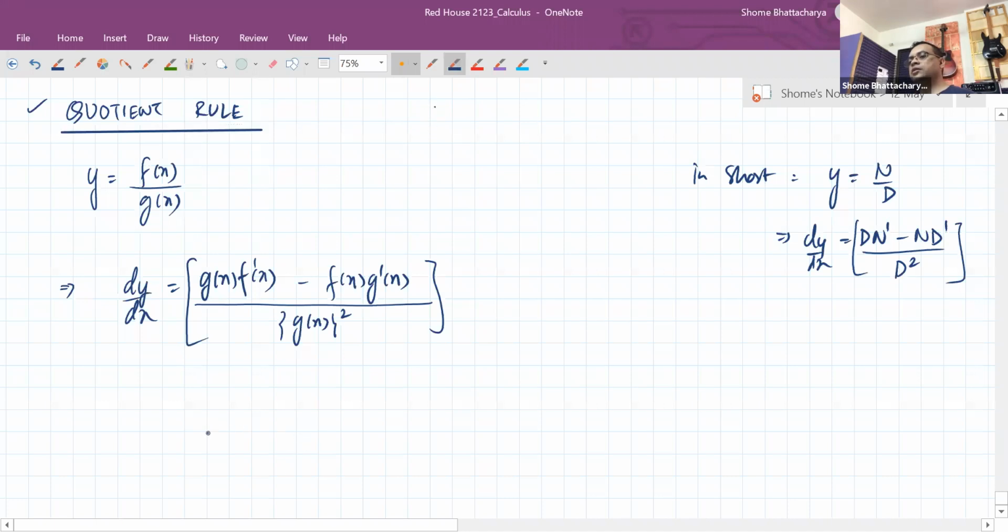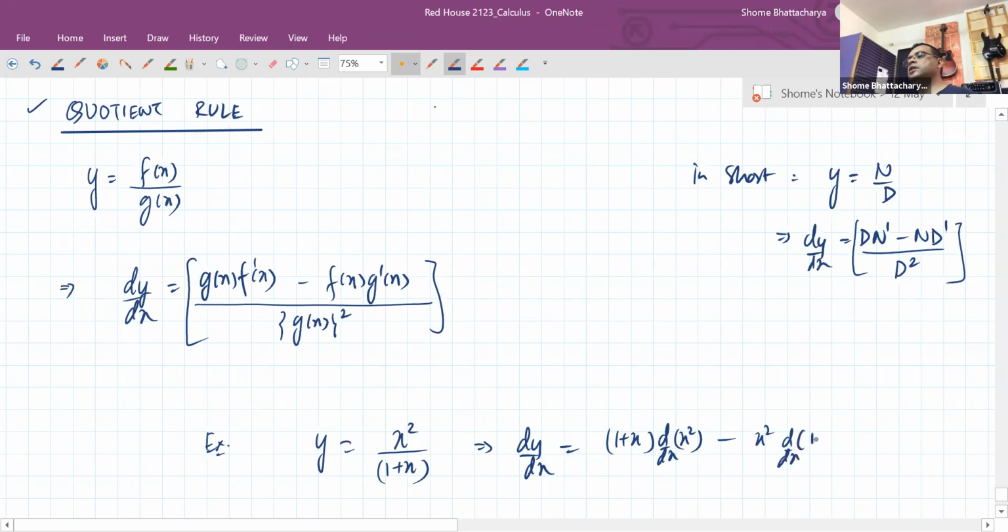So for example, if I have a function y is equal to x square upon 1 plus x, then differentiation of y with respect to x will become denominator into derivative of numerator minus numerator into derivative of denominator divided by the denominator whole squared.